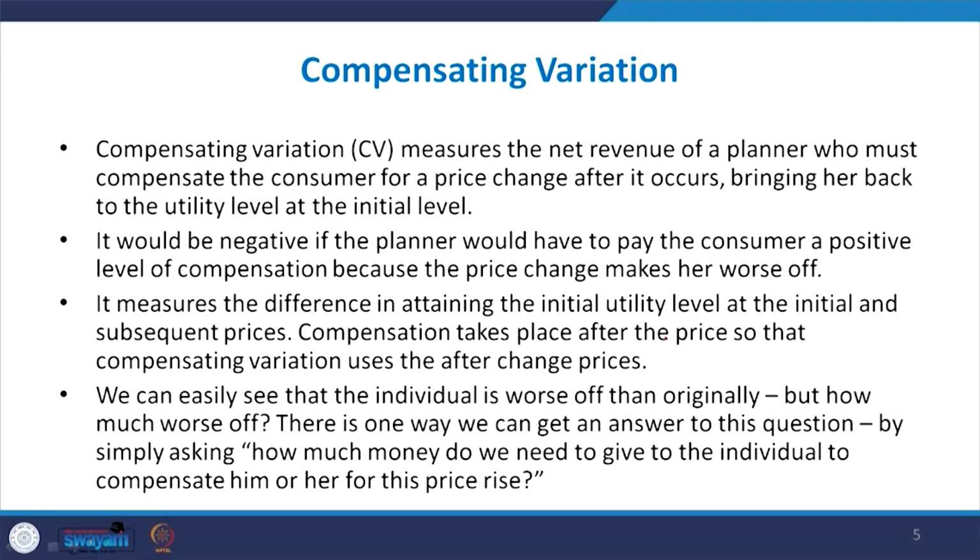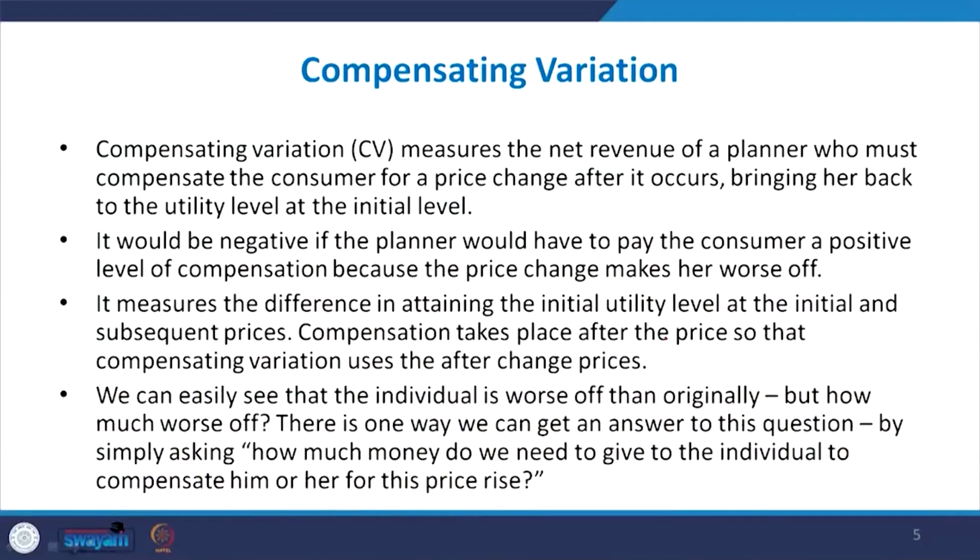When the price of the product increases in the market, the consumer is not able to maintain the same level of utility and becomes worse off. Now, the issue is how much worse off. This can be assessed on the basis of compensated variation.